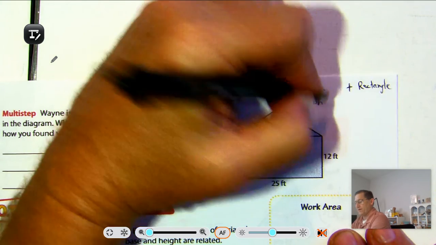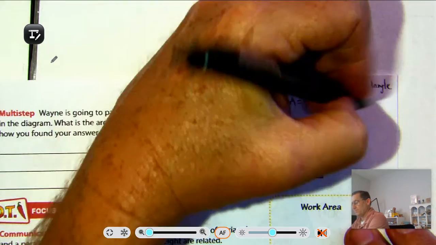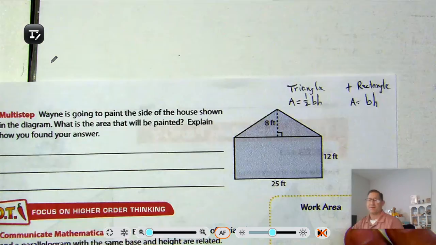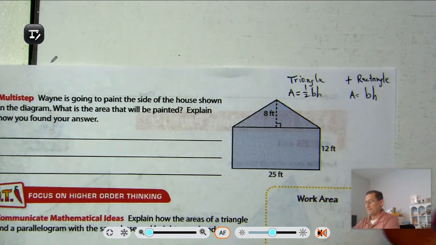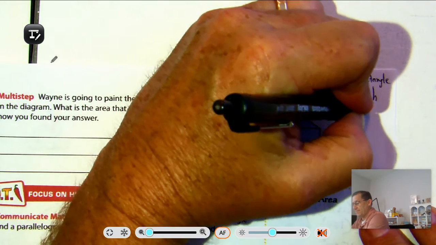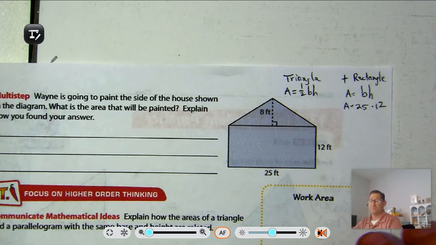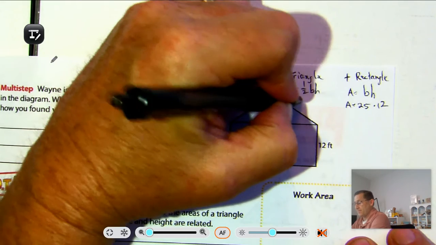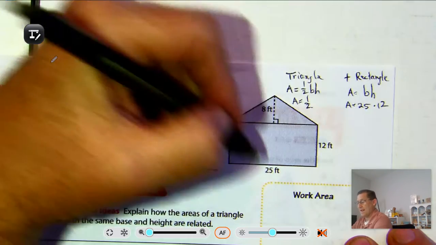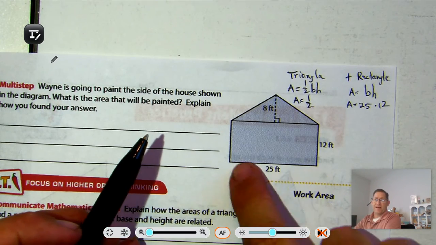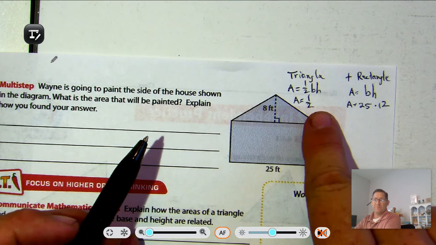We're going to use area equals 1/2 the base times the height for the triangle. And for the rectangle, we're going to use base times height. What is the base? The base is 25, and the height of the rectangle is 12. Okay, the area of the triangle, 1/2. You notice that the base of the bottom of the house matches the roof line base.